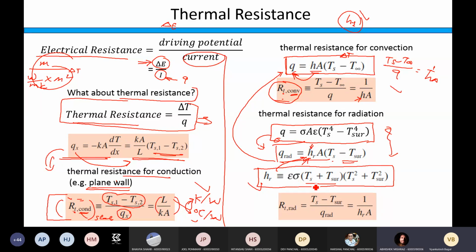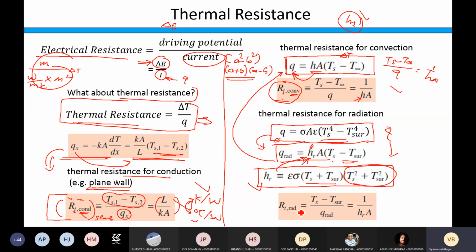Sir, how did it come? See, you have to expand this bracket. How are you getting the term Ts square plus T surrounding square? It is something like A square minus B square, no? So how do you write A square minus B square? Right. Sir, you mean that A raised to 4 minus B raised to 4, we have to simplify and split that. Okay. You will get this.